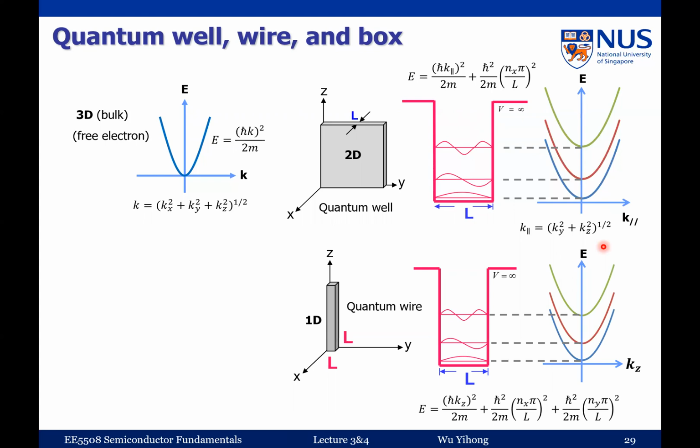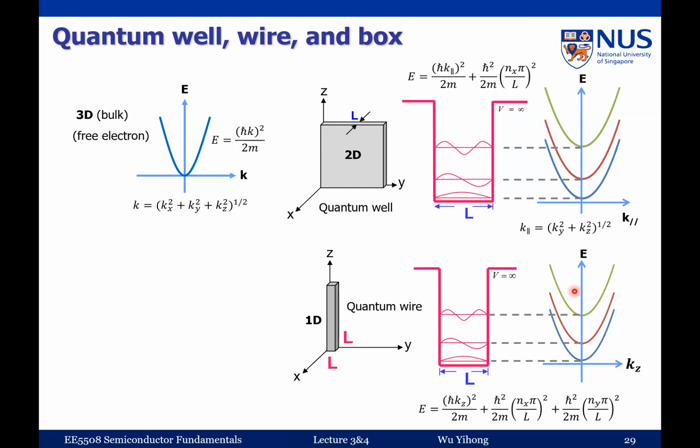Now if you confine further from the Y direction, and the electron can only move in the Z direction, you have the case of a quantum wire. For this quantum wire, if you look at the energy levels and wave functions, they are more or less the same as the quantum well. If you look at the dispersion, the shape is also almost the same, but there's a difference.